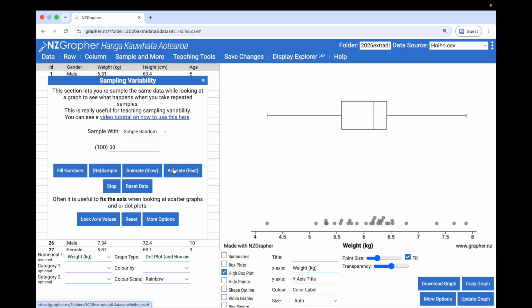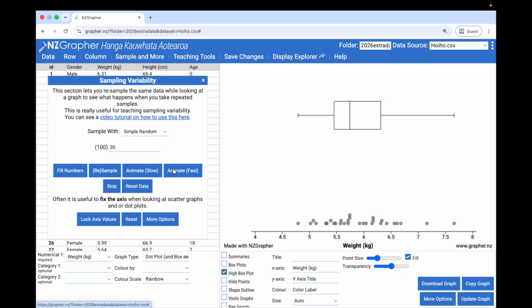Same with the maximum, it's probably not going to be a true representation of the population, because it just takes one funny one to end up somewhere else. Whereas the median at a sample size of 30, we're getting an okay spread there. It's probably going to be somewhere between 5.5 and 6.